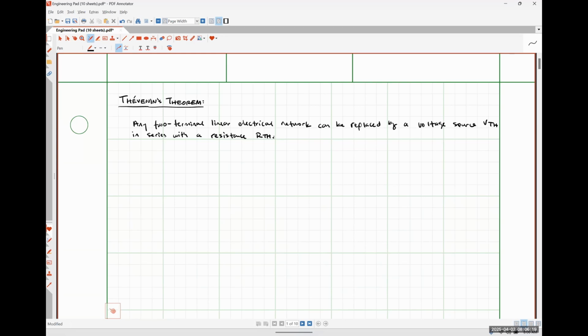Okay, so let's talk about what this Thevenin voltage and Thevenin resistance are, okay?